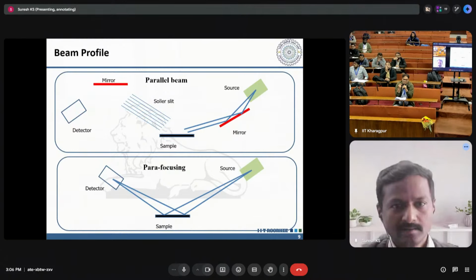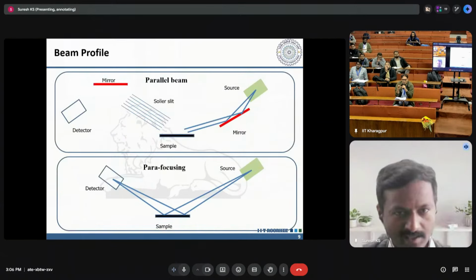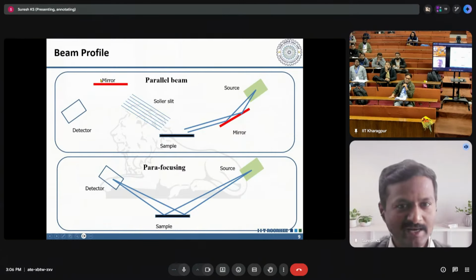Okay, so the mirror is not flat. You have a sort of curvature, which makes sure that at whatever angle the beam falls on it, the curvature decides that everything goes to the detector side.